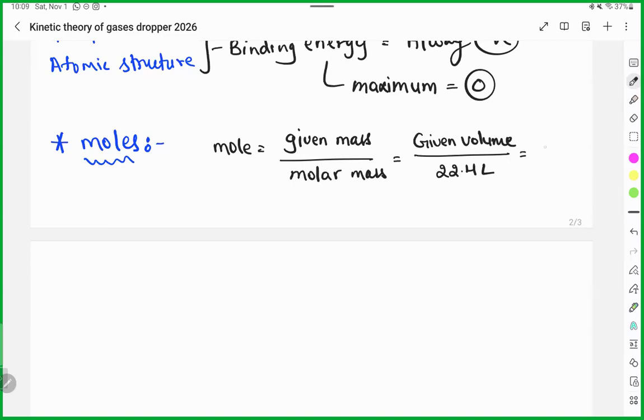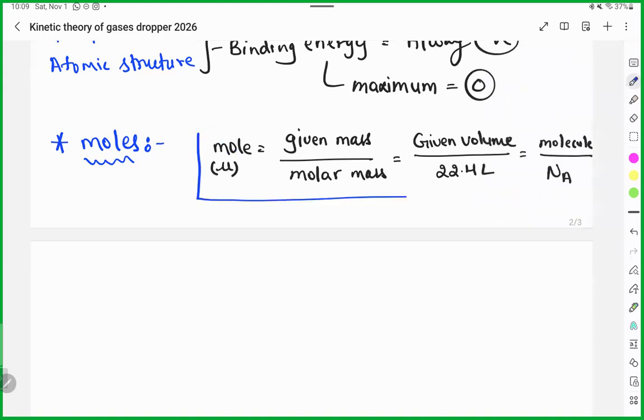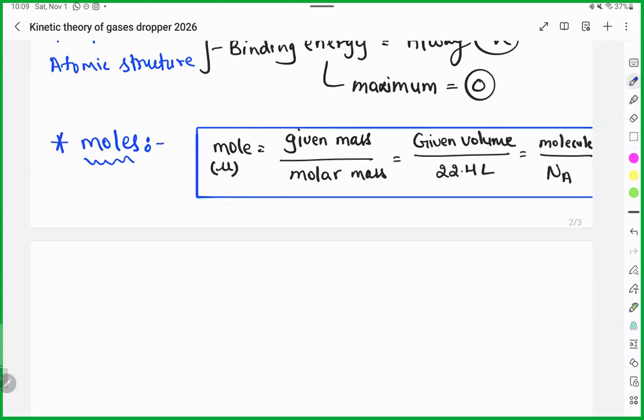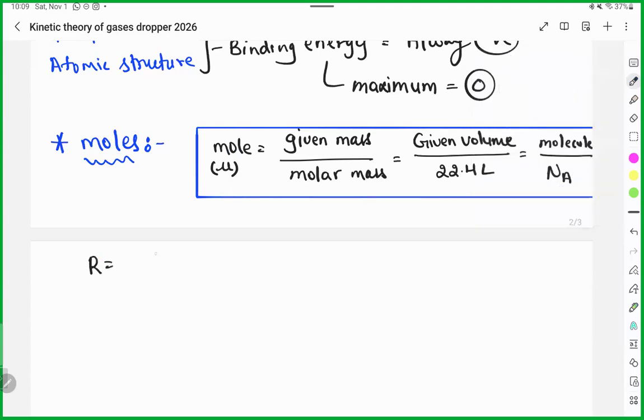Number of particles divided by Avogadro number. Yes, number of particles divided by Avogadro number, 6 into 10 raised to power 23. That is the moles, and it is represented by nu. It is your choice, you can represent it by anything. It doesn't matter. What is really important from the mole concept chapter is this is how we represent moles. Correct. And what is the R value, Varinder?